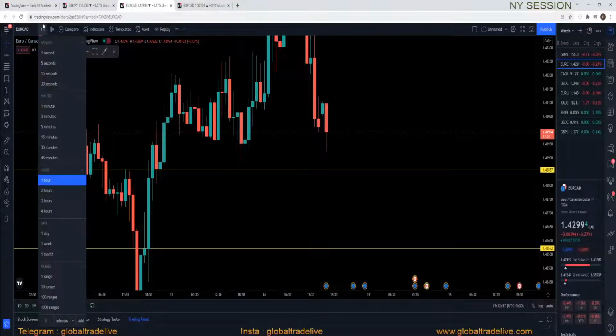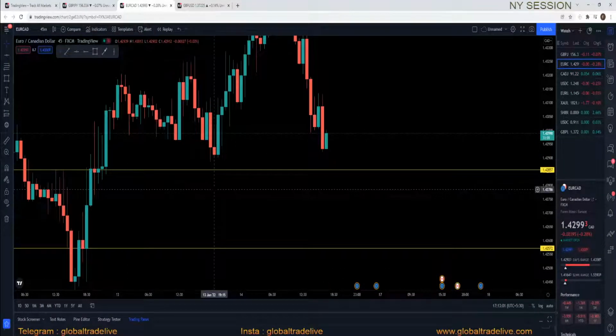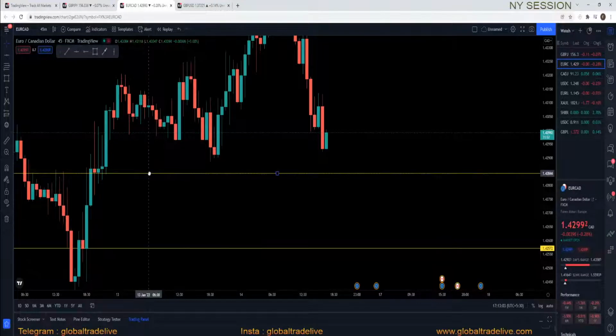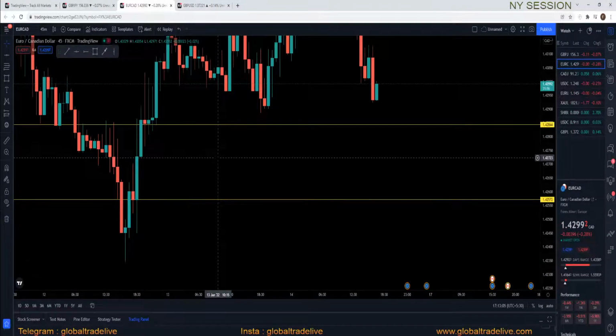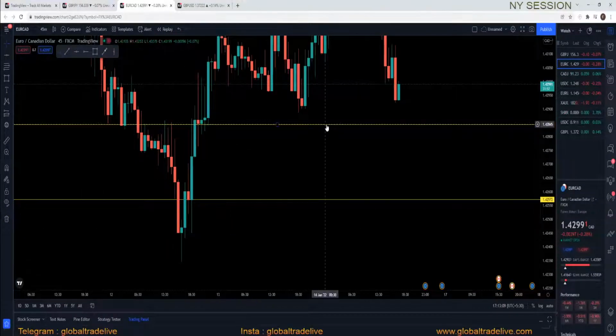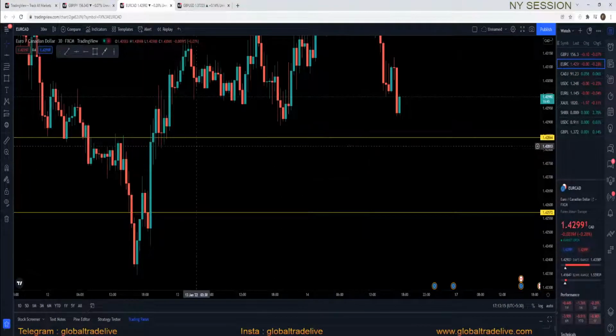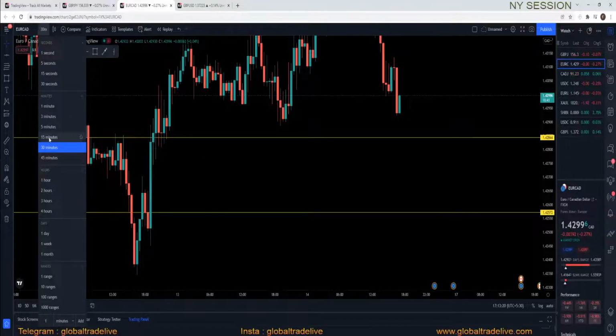Nothing is 100%, so we can just assume. Now this is the 45 minutes. According to me, the 45-minute is also a good time frame to trade, and in this scenario right now the market is pretty good. The 30 minutes as well is also very nice. Let's also look at the 15 minutes.